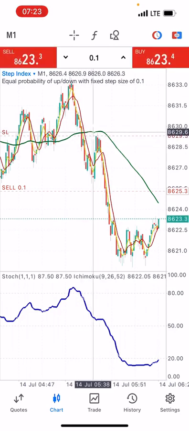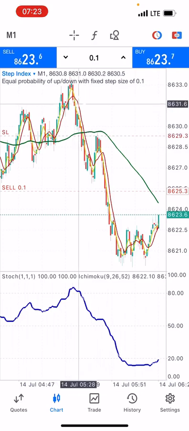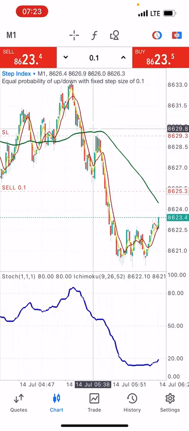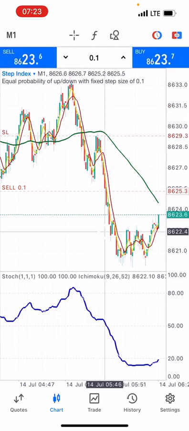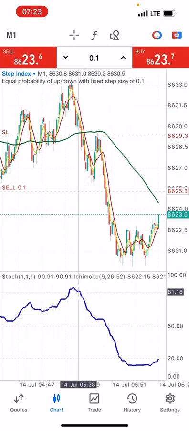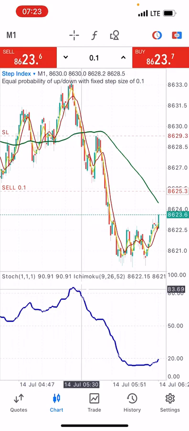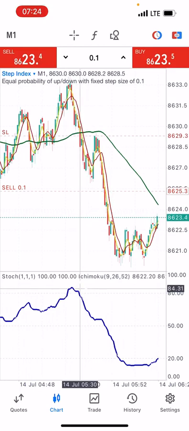When green moving average cross above the price, number one gotten, and this red moving average is above the yellow moving average, the number two is also gotten. Then the number three is that this blue line right here, this Ichimoku line, should be above the 80 level. It indicates that the market is at the overbought, and then it is actually time for it to sell.